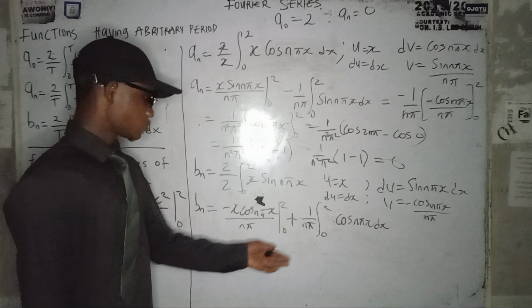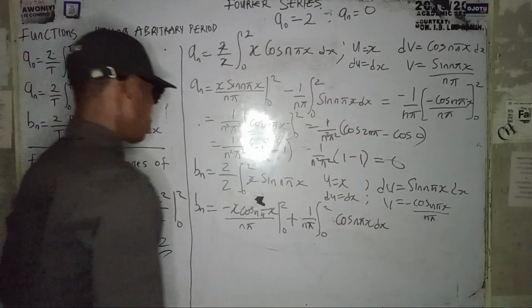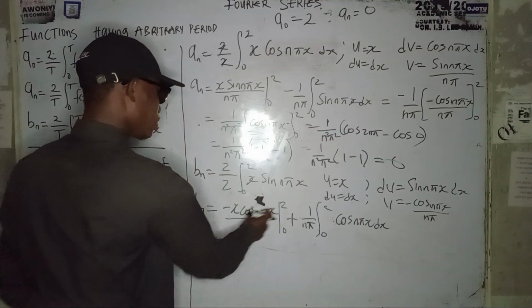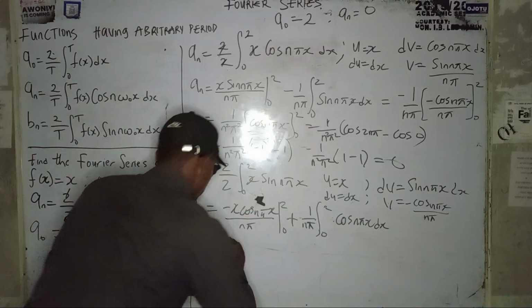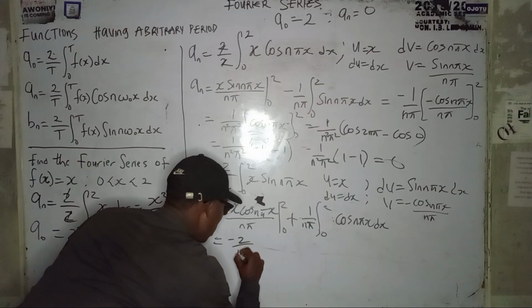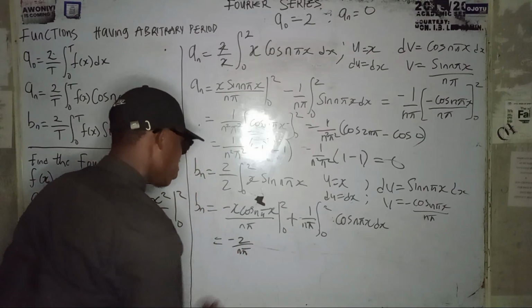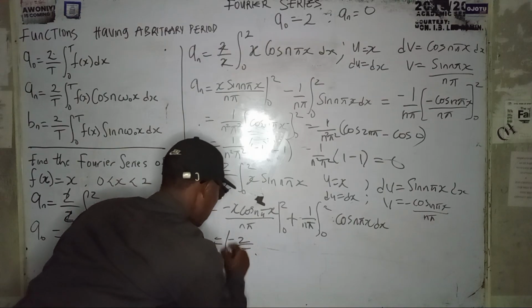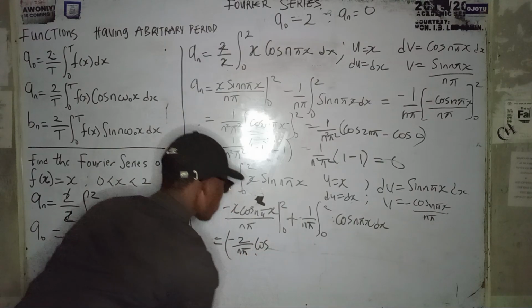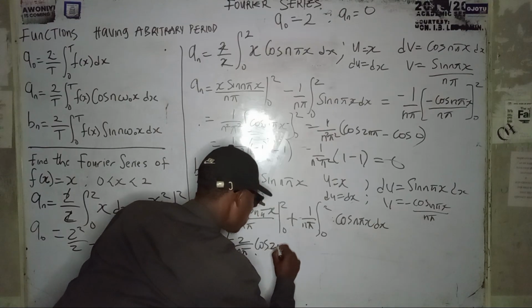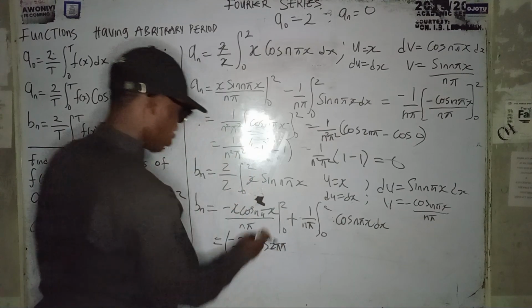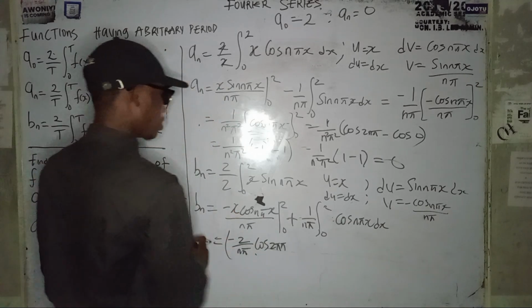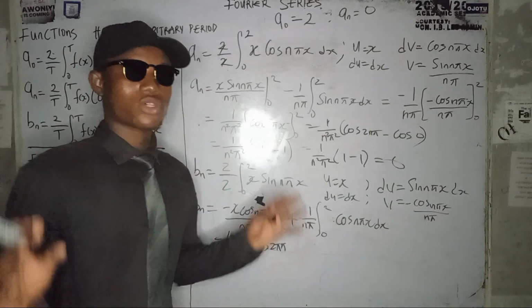So now moving on with this, if you put the value of 2 here, we are going to be having this as minus 2 over n pi of cos 2n pi, which is inside here, and we also have 0, which, if 0 is here, multiplies everything and that cancels out at 0.